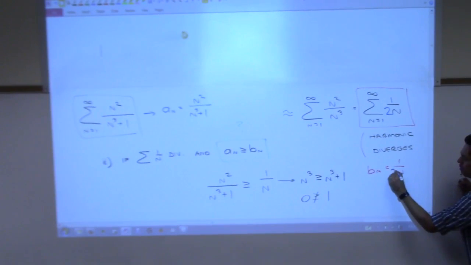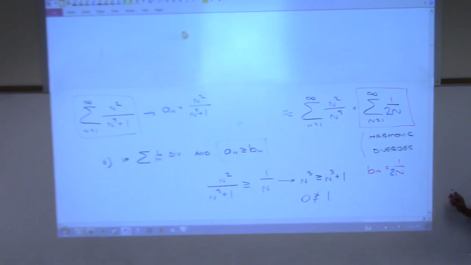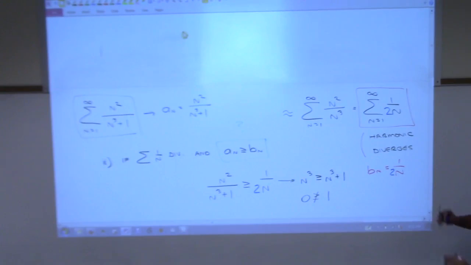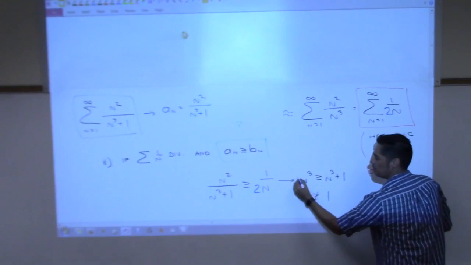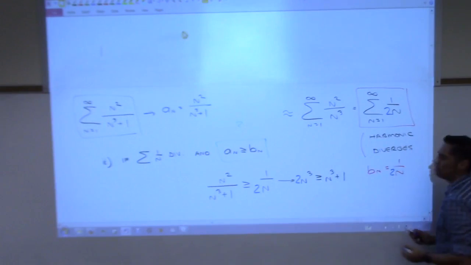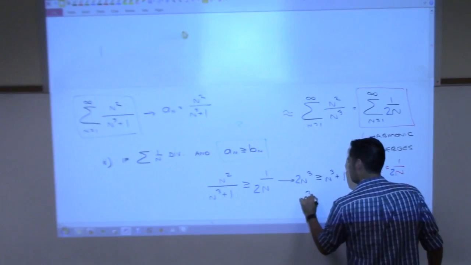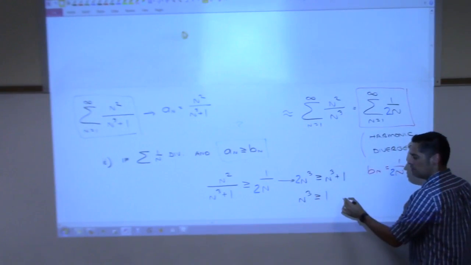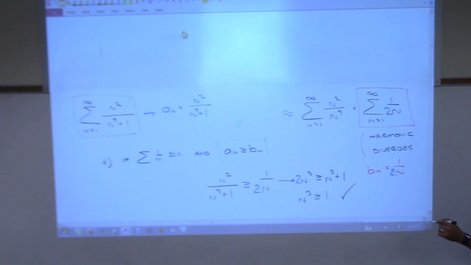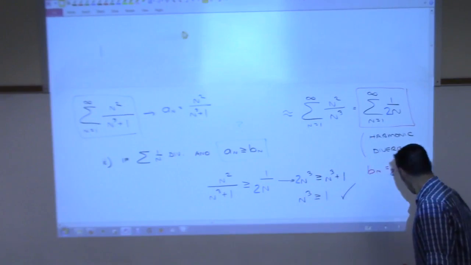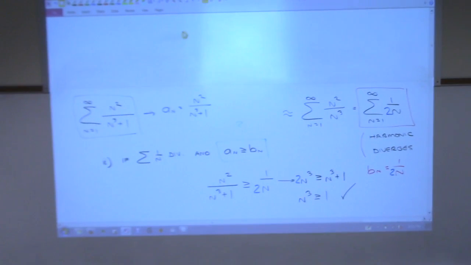Okay, this changes our formula to this, right? And then we come over here and it changes this to this. And then when we cross multiply, what do we get here? 2n cubed. And now subtract n cubed from both sides, and what do you get? n cubed is greater than or equal to 1. Is that true? Yes. So that works. So what's our conclusion? It diverges.